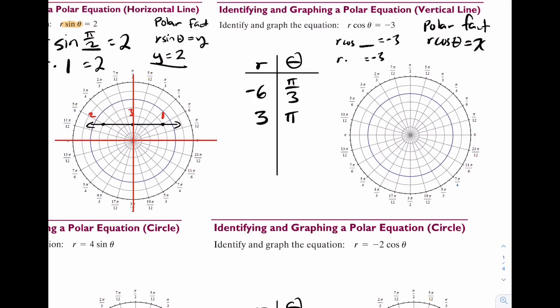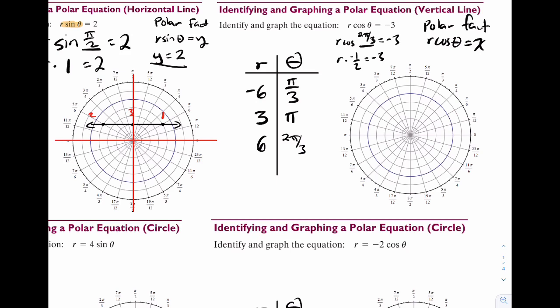And let's do another good angle. So again, anything that makes positive or negative half is good. So I'm going to use 2 pi over 3 here. So cosine 2 pi over 3, that's going to be -1/2. So if it's 2 pi over 3, that would be +6. Let's graph it.